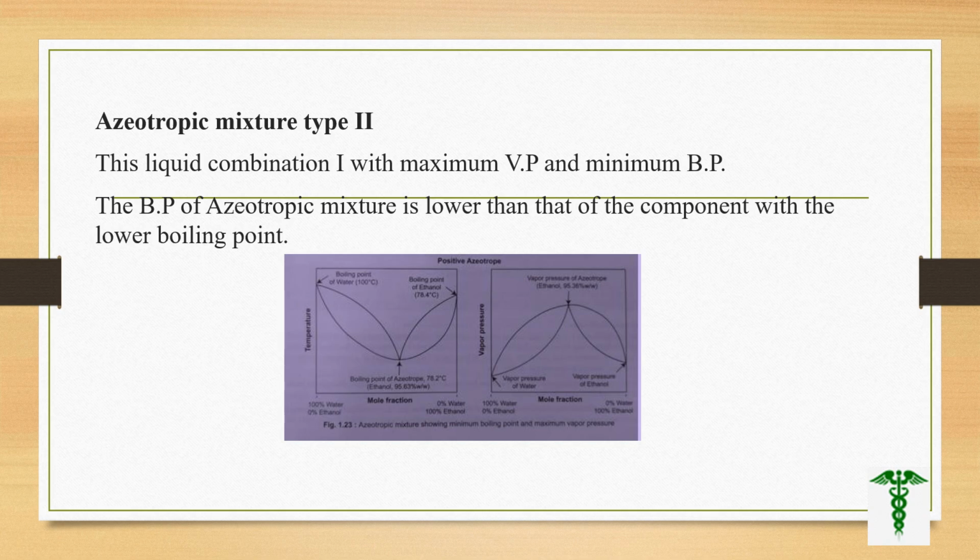The example given is ethanol and water. The boiling point of water is 100 degrees Celsius and of ethanol is 78.4 degrees Celsius. When the mixture forms, it is less than 78.4, at 78.2 degrees Celsius. So that is type 2.